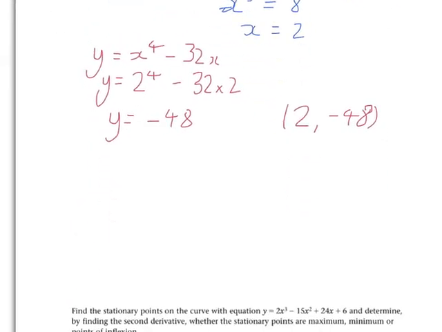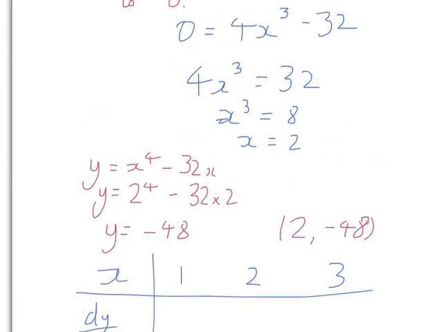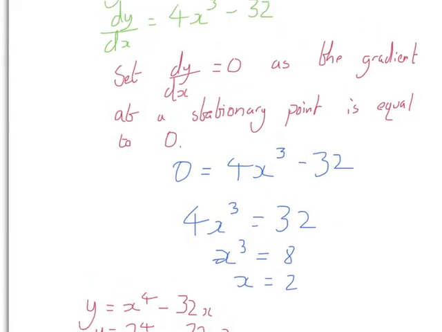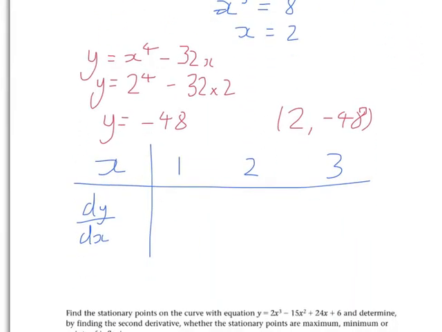So the best way to do it is to quickly set yourself up a little table with our x values and our dy by dx values. So we're going to substitute in 1, 2 and 3. Well, we know if we substitute 2 into our dy by dx, which is 4x cubed minus 32, we get the answer 0.